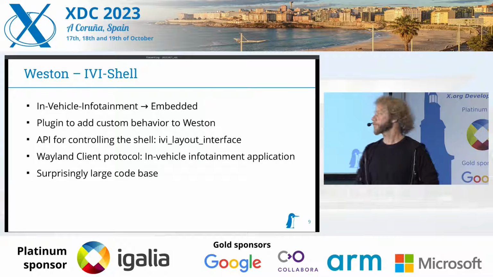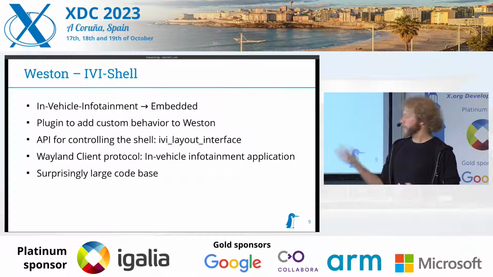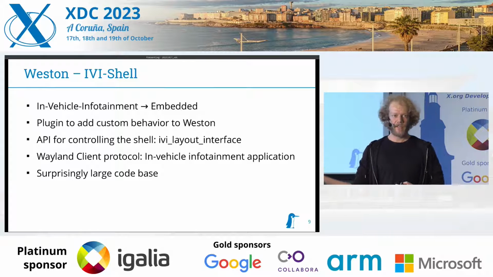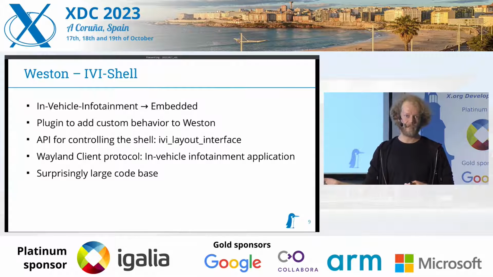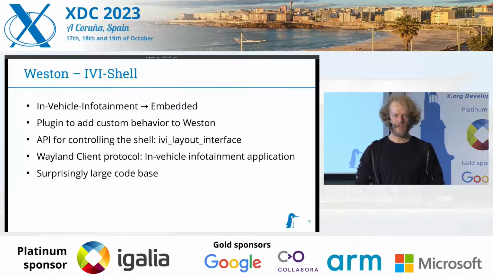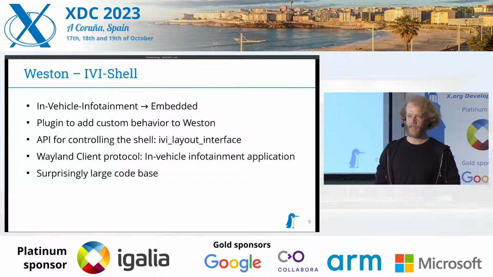own code. It also has a client protocol that Wayland clients can speak, where there is some mechanism to identify the applications, but I haven't seen that many applications actually implementing this IVI Wayland client protocol.